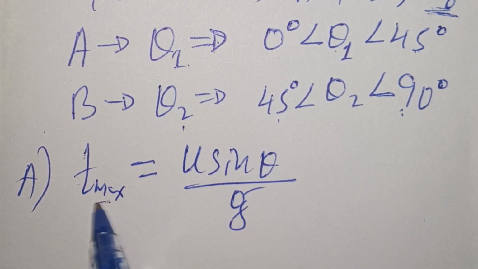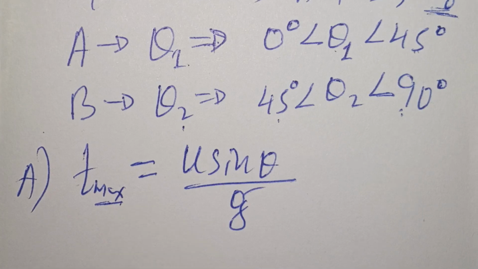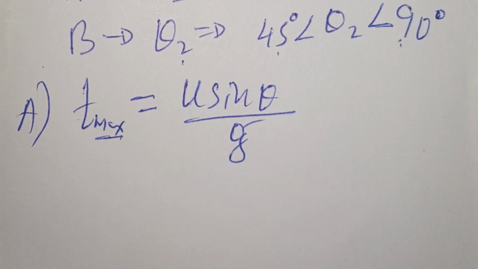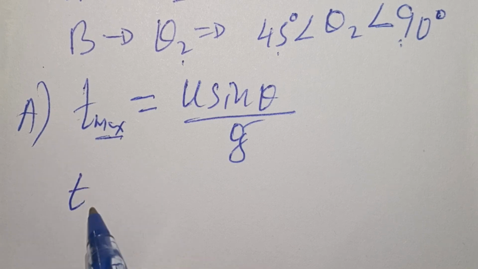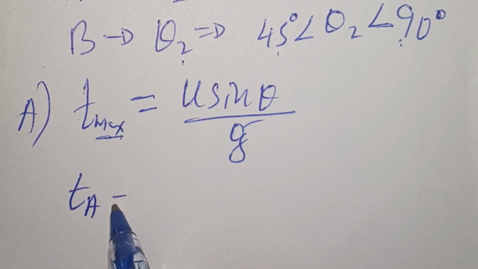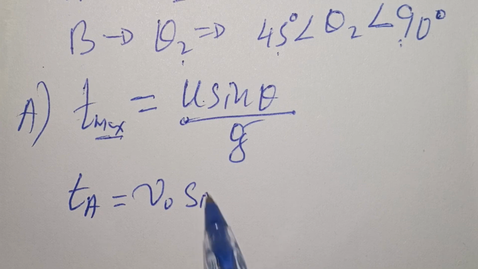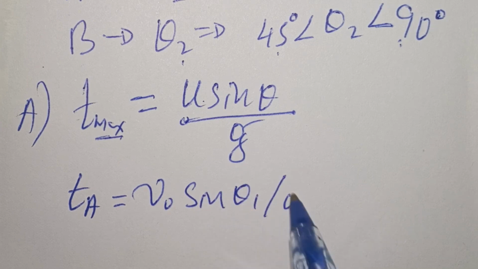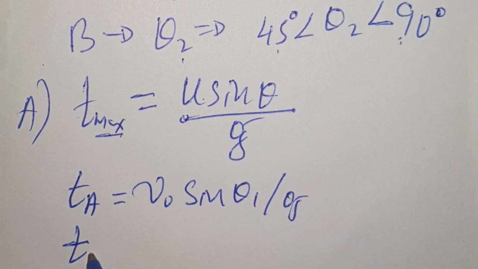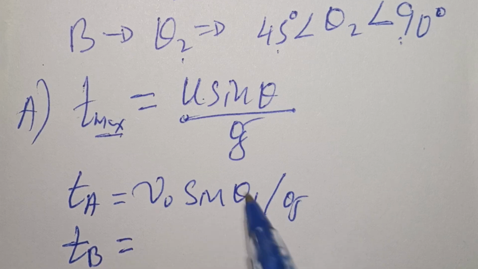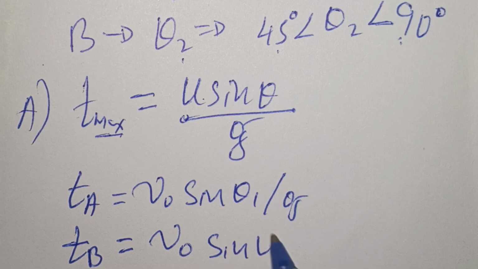This is the time to reach the maximum height for any projectile. So when we compare, the T max of projectile A is v naught times sine theta 1 divided by g, and for the second ball, the time to reach the maximum height is v naught sine theta 2 divided by g.